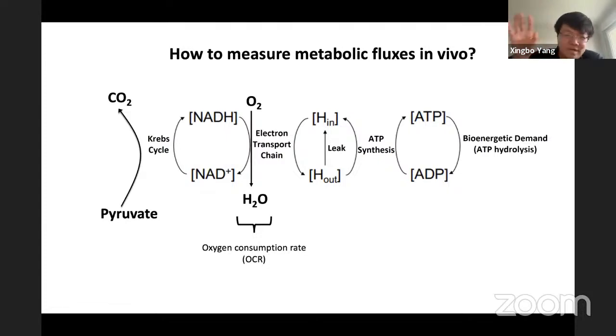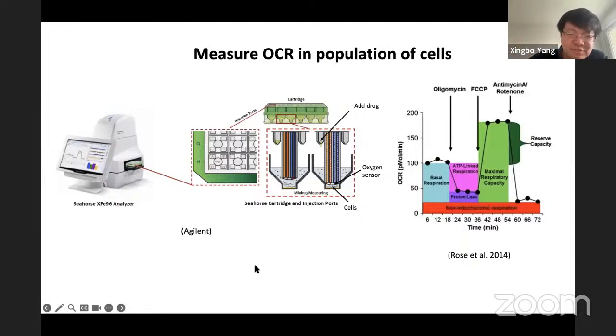So I'm not going to go too much into detail on this aspect, but for completeness, I would just say, for example, we can measure the oxygen consumption rate, which is called OCR. I think for that, I will probably leave it to Jonathan to talk about. I just wanted to give you an idea that you can measure OCR in bulk using commercial devices.